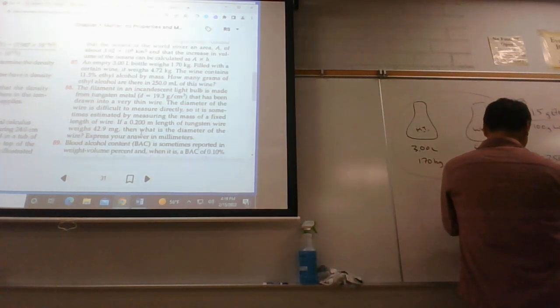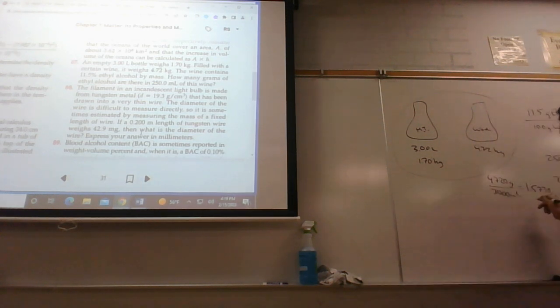And the wine is pretty dense, 1.573 grams per milliliter. I'm allowed 3 sig figs here, but I'll carry 1 extra. And so I get 1.573 grams per milliliter of wine.